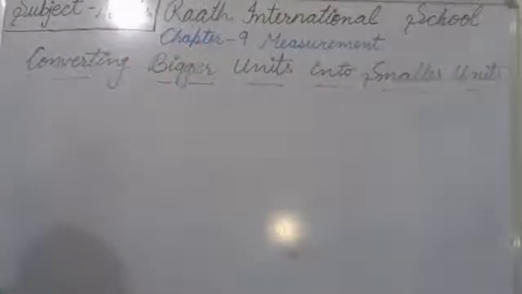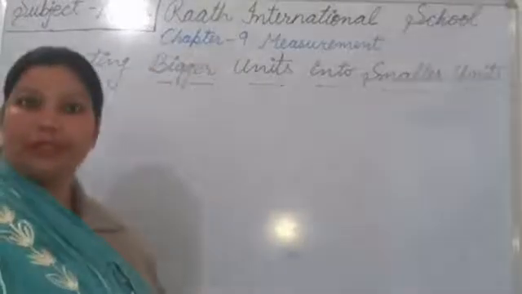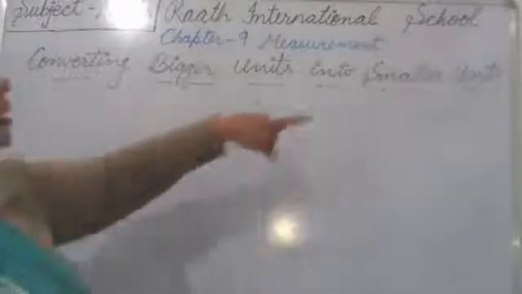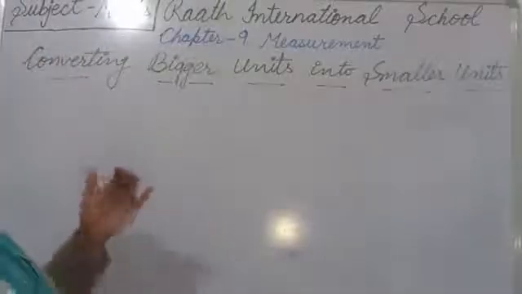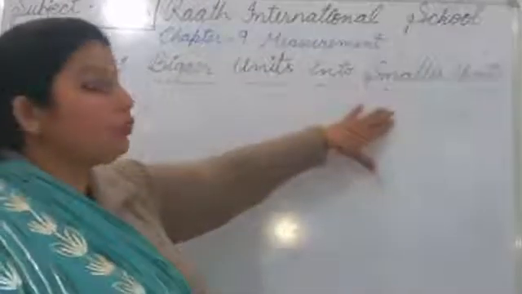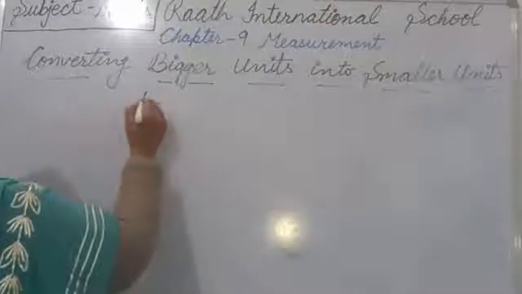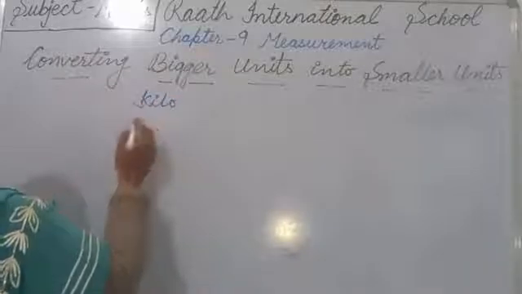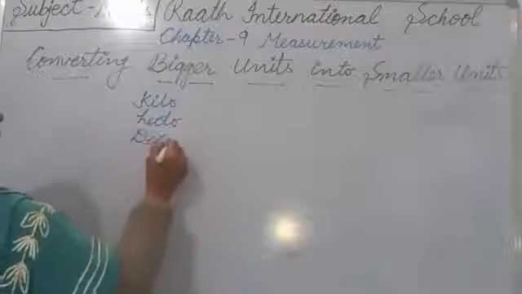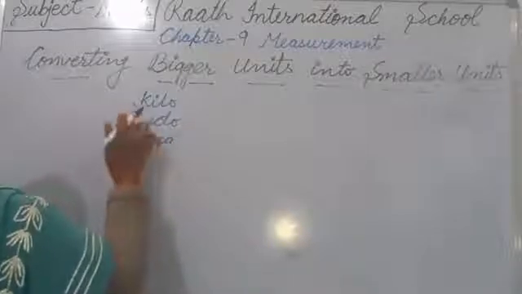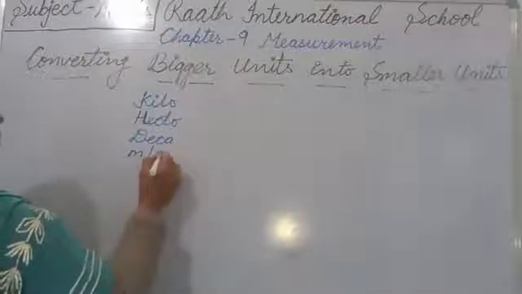So before doing this exercise we will learn how we will convert bigger units into smaller units. How will we convert? Until now, what did we do? Smaller to bigger, and for smaller to bigger we do divide. Now we convert bigger to smaller, so for that we will do multiply. As we know there are 7 units: kilo, hecto, deca, then after deca we have the standard unit, that is meter, gram, liter.